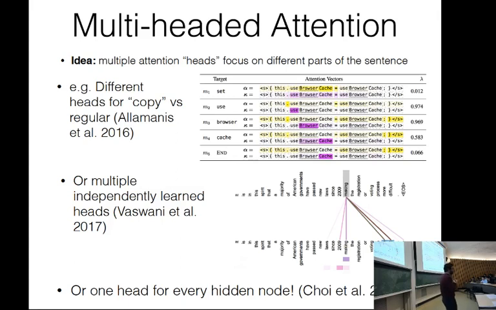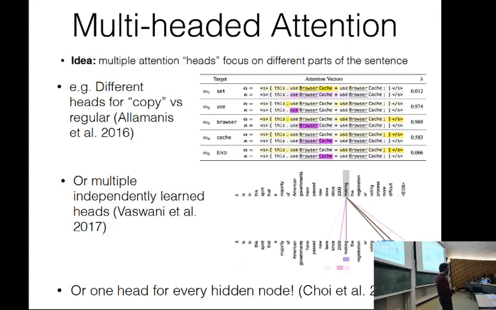Yes? How do you make sure that different heads or different attention vectors actually learn different things? You don't. So actually there's some recent work that does that. In the original transformer paper, they didn't. They just, instead of receiving a single context from a single attention head, they receive 8 slightly different contexts from the different 8 attention heads.